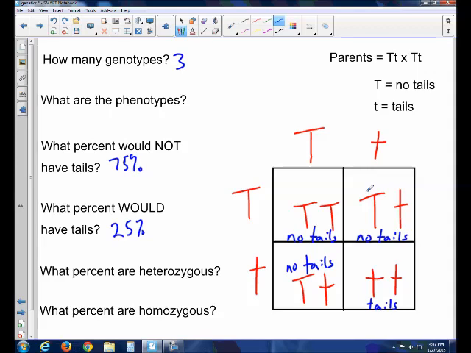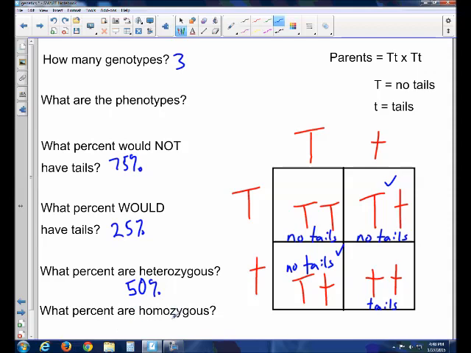The simplest way to think about this is which ones have a capital and a lowercase. That's what heterozygous means. And so this one has a capital lowercase, check mark. This one has a capital lowercase. These 2 are heterozygous. So that's 2 out of the 4. 2 out of 4. We also like to call that 50%.